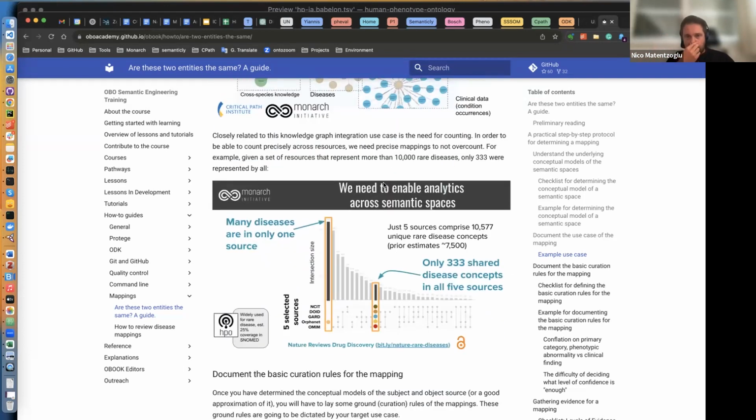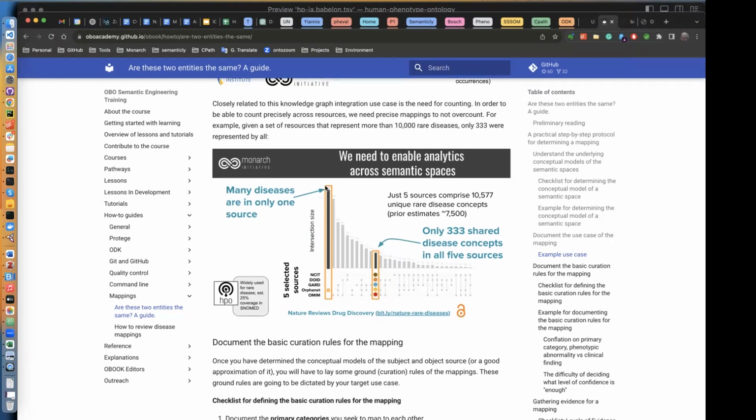Is there any question about that so far? Does anyone disagree that we should know the use case before we start with our mapping? I have a question or comment. Somebody interrupts you. I obviously agree that we do need the use cases.